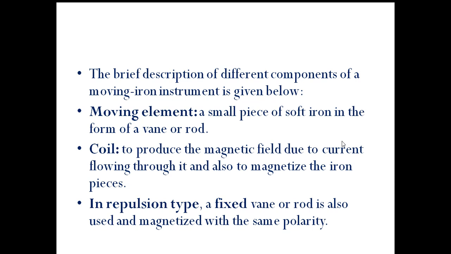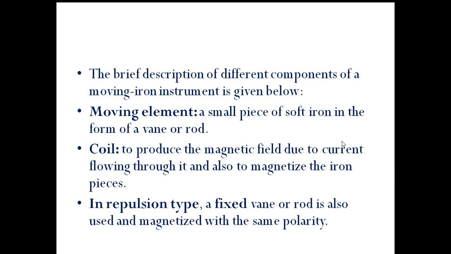This instrument consists of a moving element and a coil. The moving element is a small piece of soft iron in the form of a vane or rod, and the coil produces the magnetic field due to current flowing through it, and also magnetizes the iron pieces.